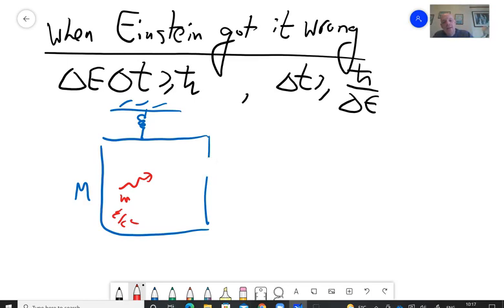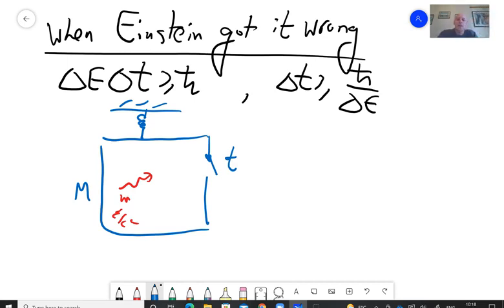And suppose that you have a small shutter in this box. So what Einstein said is the following. Suppose that I open the shutter for some time t. Then I can control the time of the opening of the shutter. And it could be that during this time, the photon escapes the box.